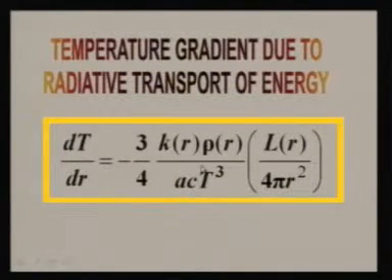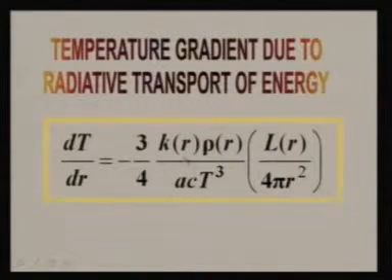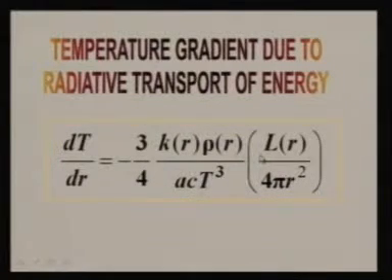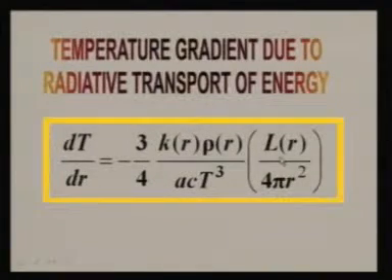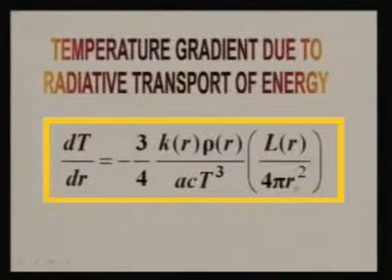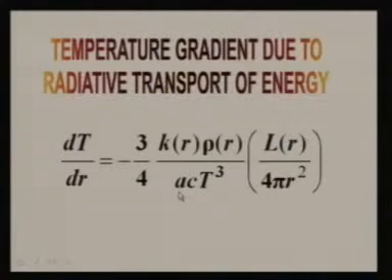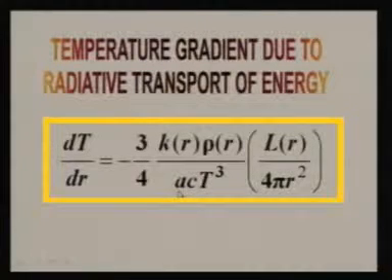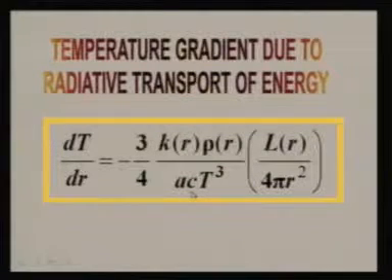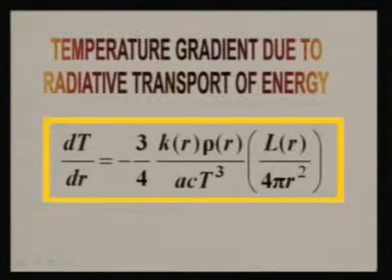One is Kr or kappa r, that is the absorption coefficient, and another is Lr. Lr is the luminosity inside the sphere of radius r. And this A is of course Stefan's constant, C is the speed of light, and T is of course the temperature. So you know all the symbols.